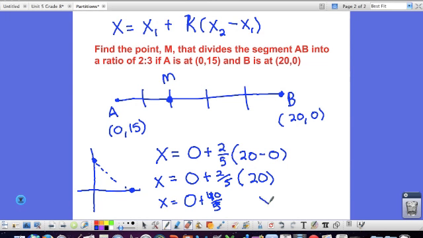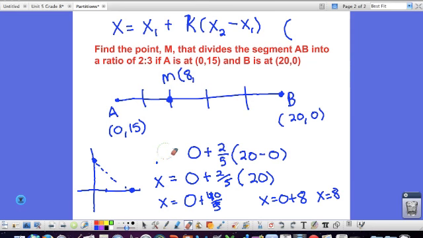So if x equals 0 plus 8, x is 8. Our x coordinate for point M is 8, so along here somewhere.